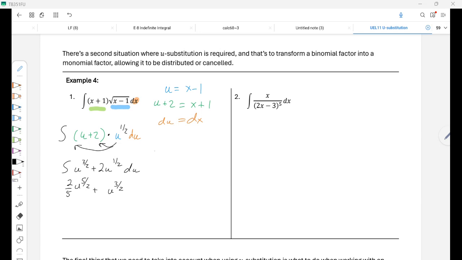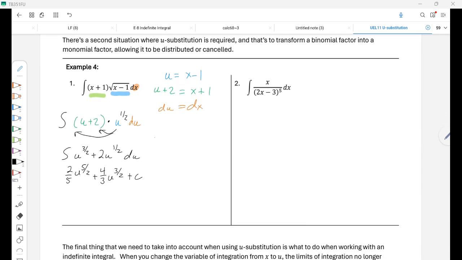So the new exponent is 5/2. The coefficient is the reciprocal of that. In the second one, the new exponent is 3/2, so the coefficient is 2/3. But since we already had a 2, 4/3 plus c.